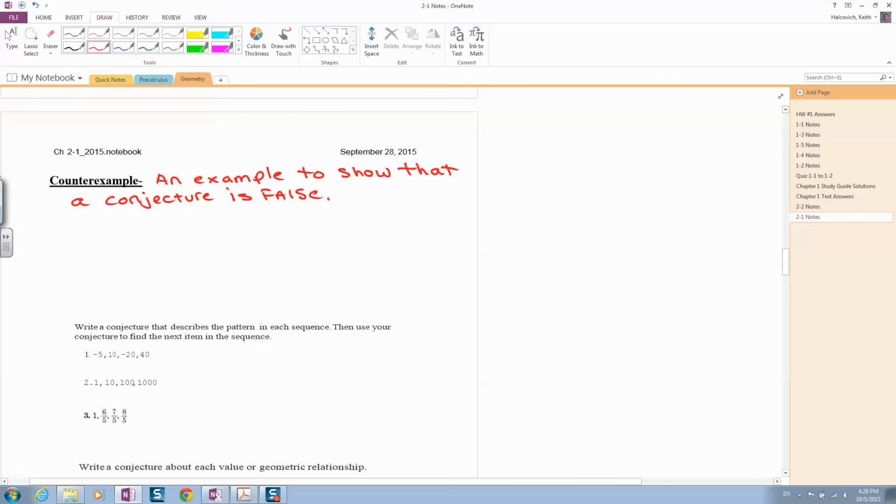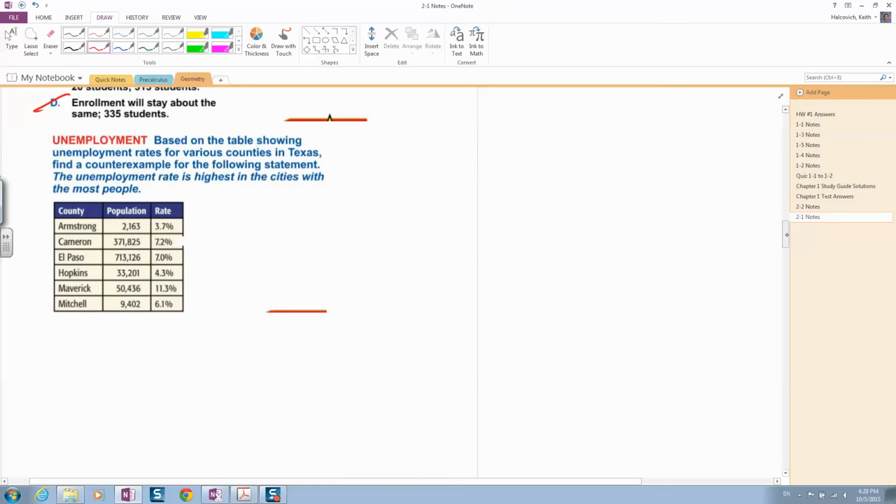So, if you look at this one up here, it said, based on the table showing unemployment rates for various counties in Texas, find a counterexample for the following statement. The unemployment rate is the highest in the cities with the most people. Well, the cities with the most people is El Paso. It's 7%. But if you notice here, the unemployment rate is 11.3, and Maverick does not have the most people.